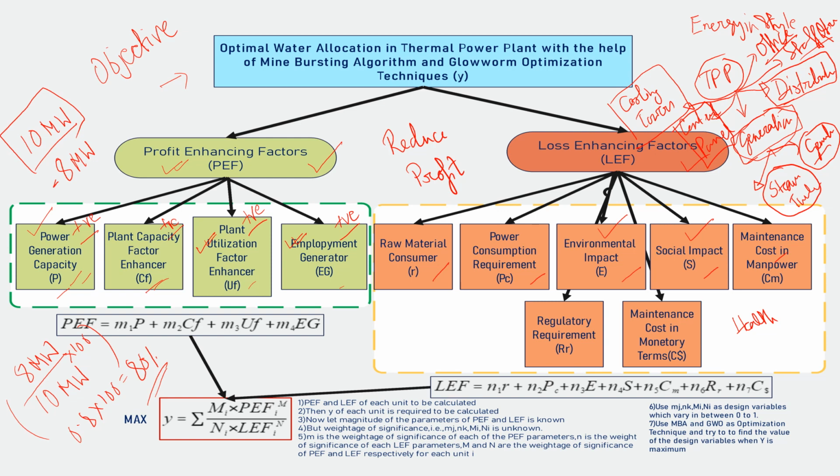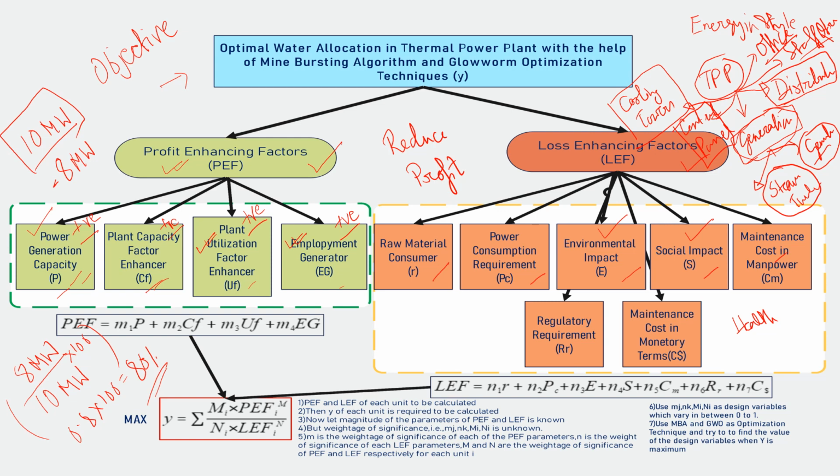Look, the unit of a power plant doesn't have any capacity factor or utilization factor itself, but it can enhance the capacity factor or utilization factor. Always remember that I am talking about that unit, not the entire power plant. So this loss enhancing factor is also with respect to the unit, not the power plant.